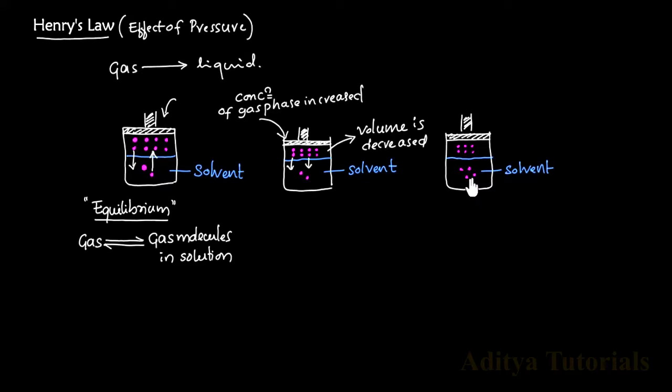And my question is, what about the pressure here? The volume is decreased and the concentration in this case is increased, but the gas molecules get dissolved in the solvent. Here the pressure depends upon the number of gas molecules above the surface of this solvent. But as the gas molecules are entering into the solvent, the concentration of gas molecules decreases, and because of that the pressure in this compartment is also decreased.